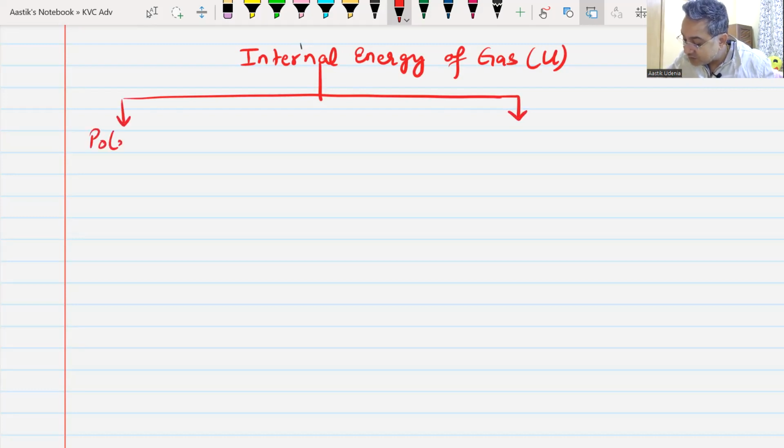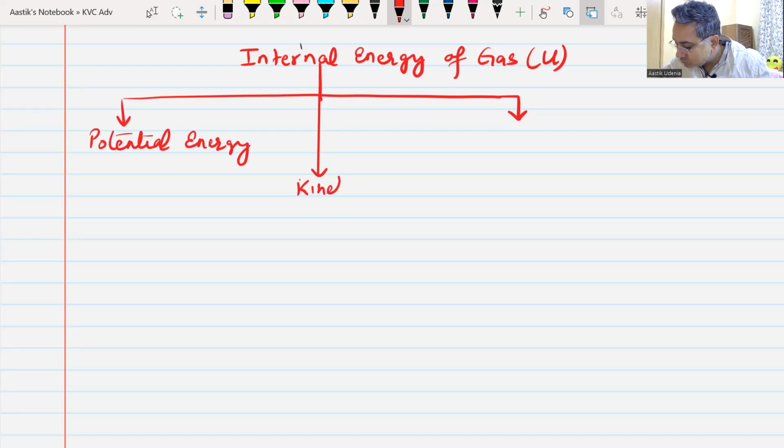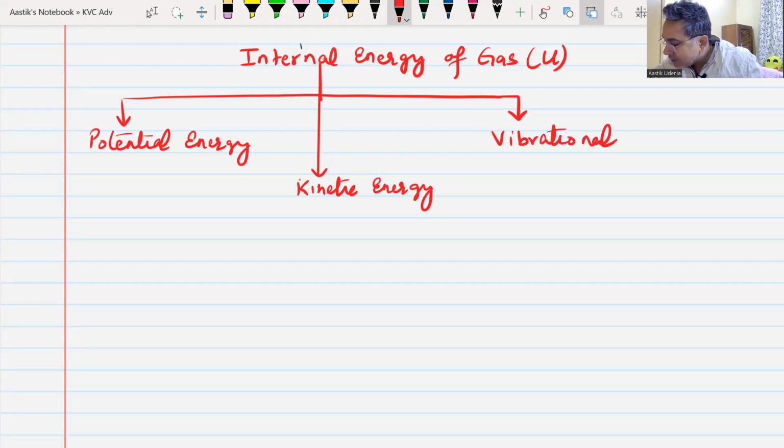One is the potential energy. The other one is the kinetic energy. The third one is the vibrational energy. Do we understand this?